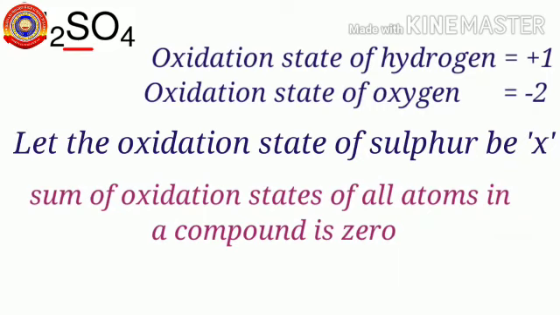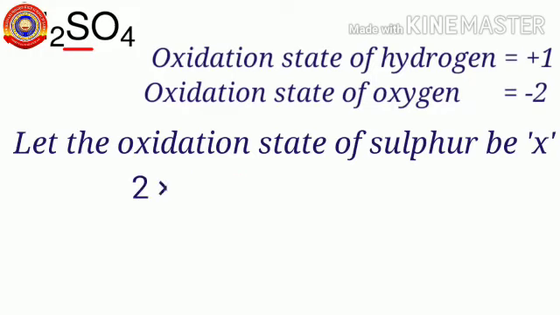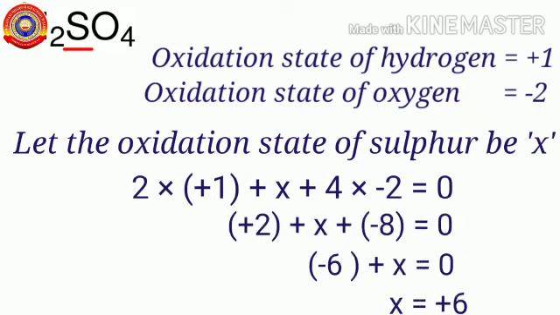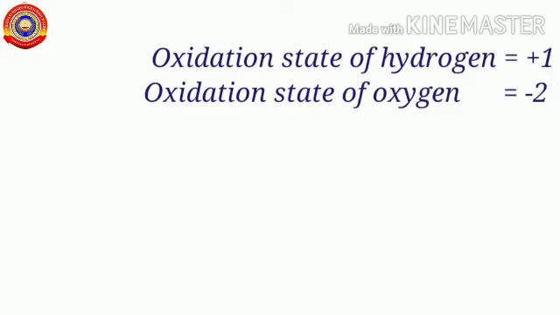Since there are 2 hydrogen and 4 oxygen atoms in H2SO4, the sum of oxidation states can be written as 2 × (+1) + X + 4 × (-2) = 0. By solving for X, we get X is equal to +6. That is, the oxidation number of sulfur in H2SO4 is +6.